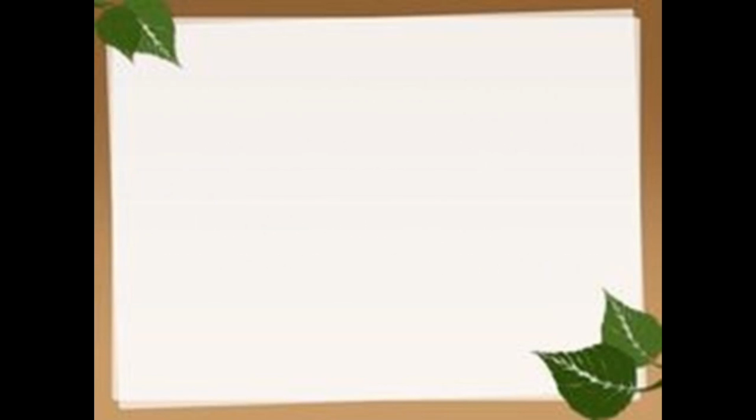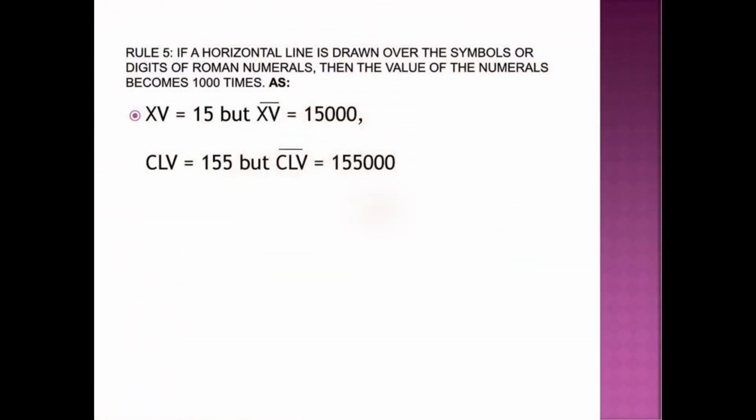Next is rule number 5, and rule number 5 says that if a horizontal line is drawn over the symbols or digits of Roman numerals, then the value of the numerals becomes 1000 times. For example, suppose we are having XV, and you know that XV means 15, but if I draw a horizontal line over XV, then it will become 15,000.